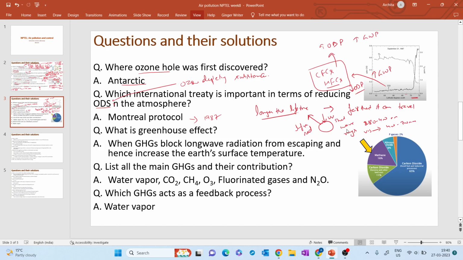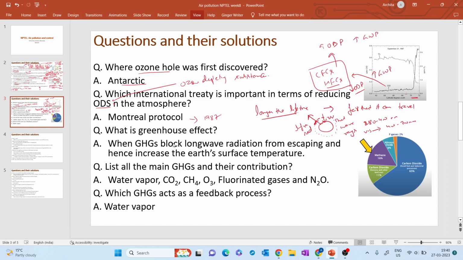So you can consider greenhouse gases as a layer of gases around the Earth, and when the infrared rays are going back, they block these infrared radiations. They absorb the infrared radiation, and absorbing means you are taking energy, and taking energy means you are heating up the atmosphere.